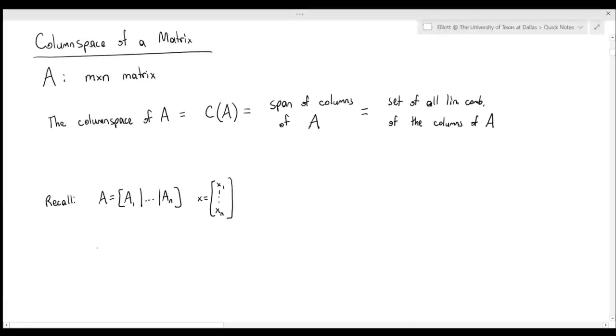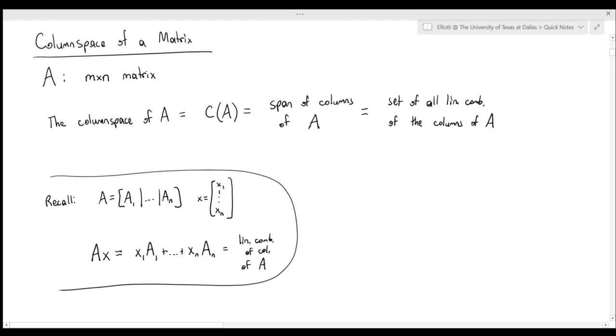You will remember how when we multiply A with x, that forms a linear combination of the columns of A. So then another way that you can think of the column space of A would be to say that it's the set of all vectors b for which the equation Ax = b has a solution.